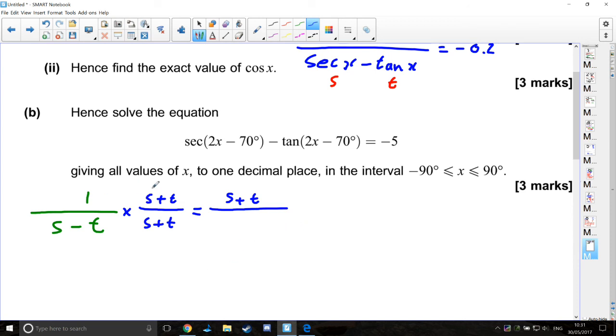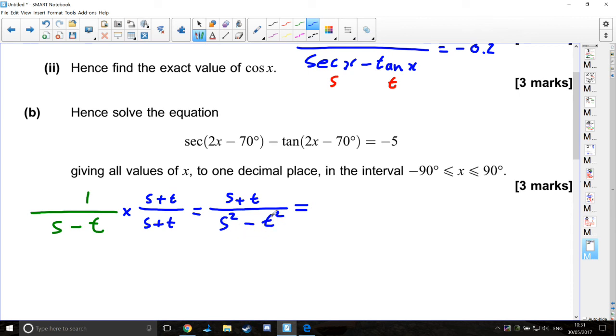So 1 times S plus T is S plus T. S minus T times S plus T, well, we're going to get an S squared. We are going to get minus T times S, and we're also going to get S times T. And those two will cancel each other out. The last term we have is minus T times T, which is minus T squared. Now, just recall this is sec squared x.